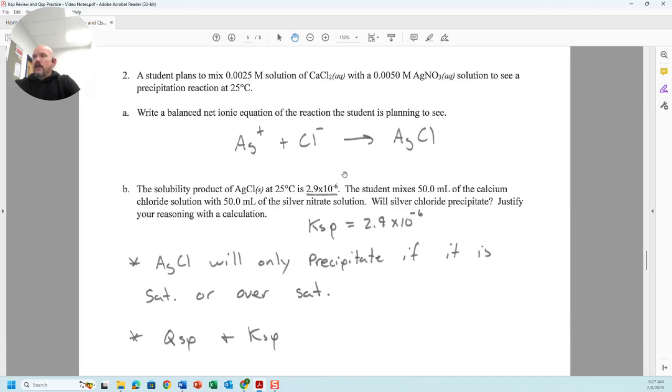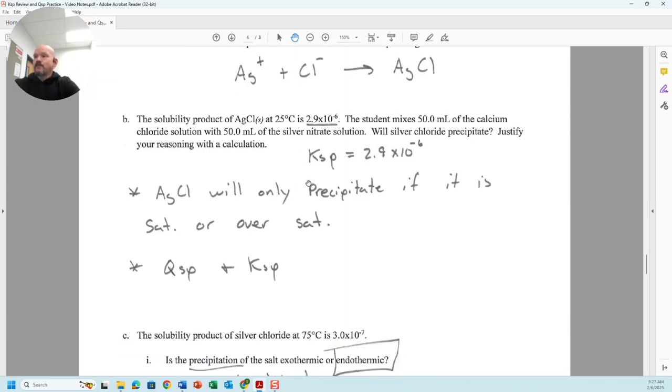We want to know, when we mix 50 milliliters of this solution and 50 milliliters of this solution, will silver chloride precipitate? We expect it to because it's an insoluble salt, but the question is, are the concentrations high enough to be saturated or oversaturated to cause the precipitation? If we're undersaturated, then the silver and the chloride aren't going to precipitate out of solution, basically, all right?